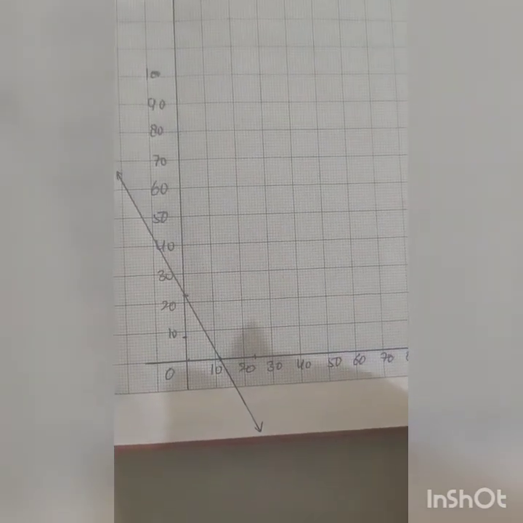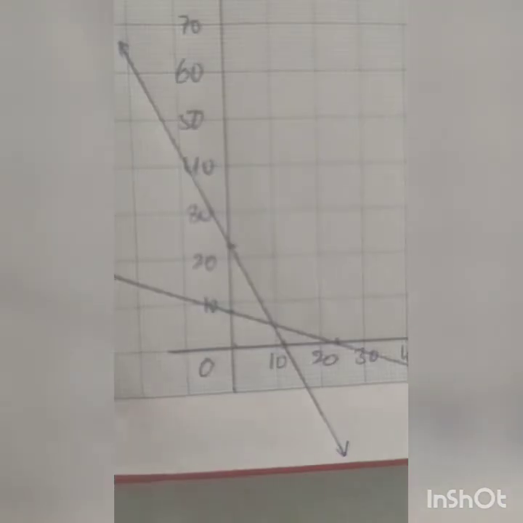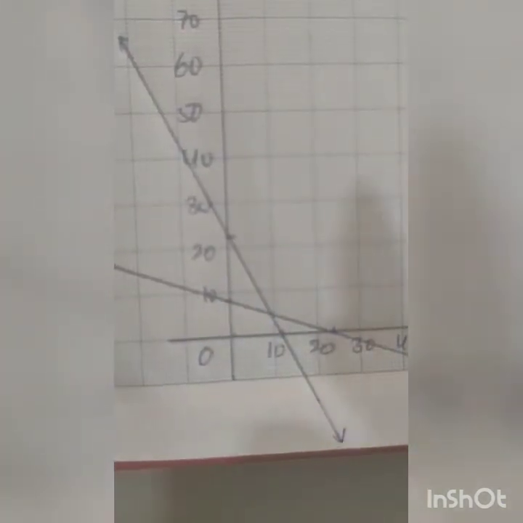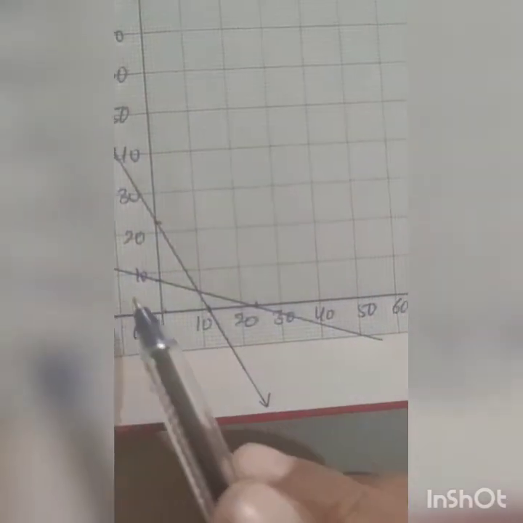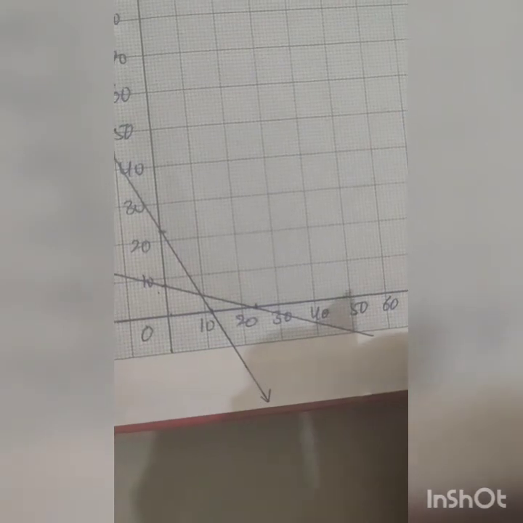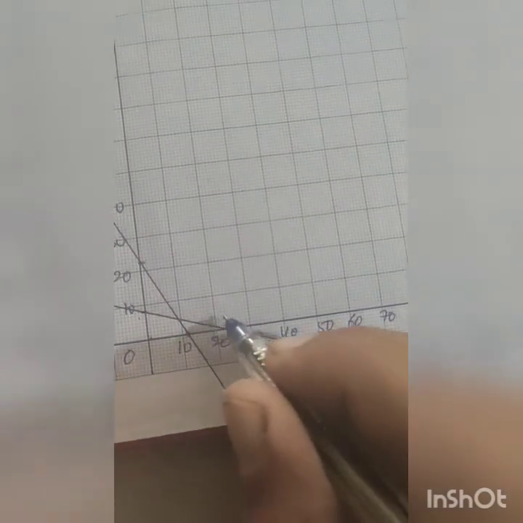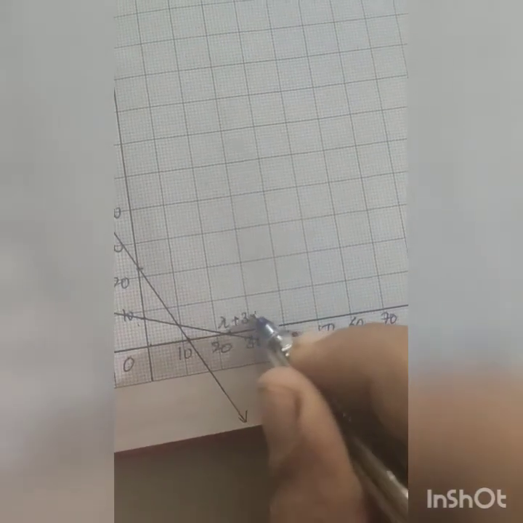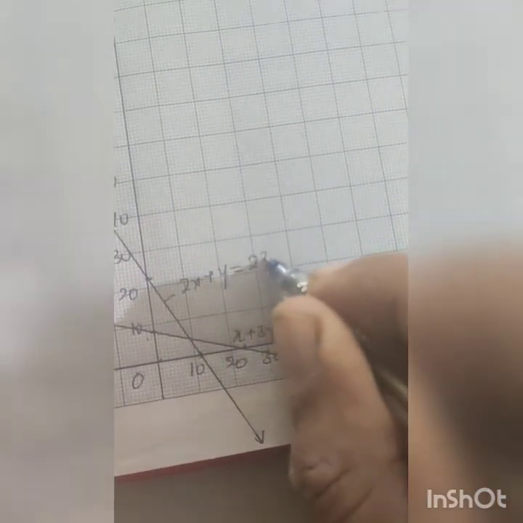Joining these we get another line, the line for x plus 3y equals 24. And this was the line 2x plus y equals 23.